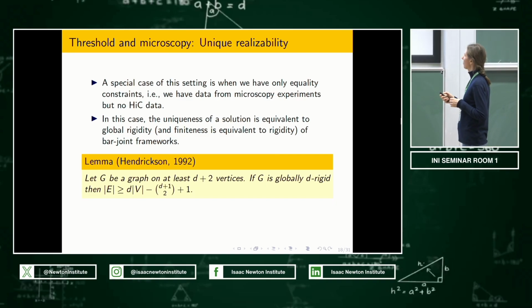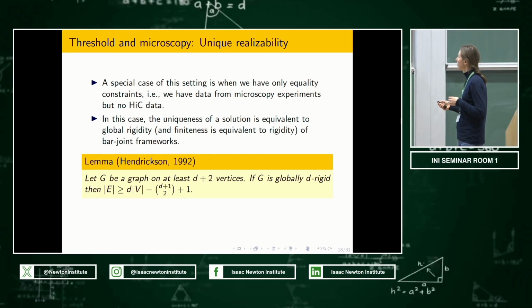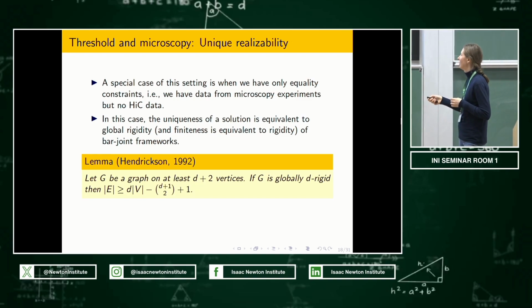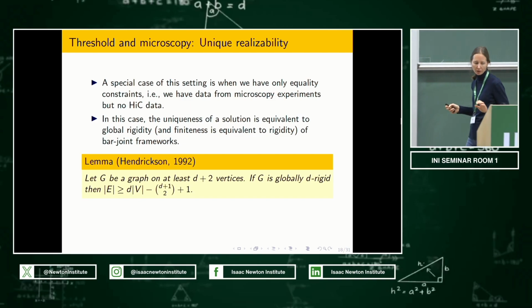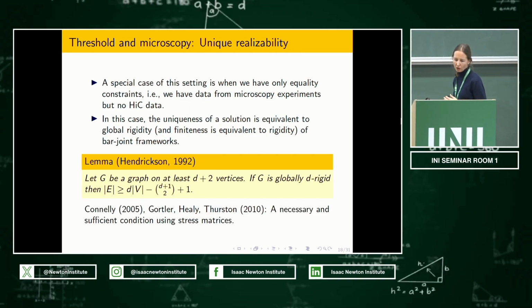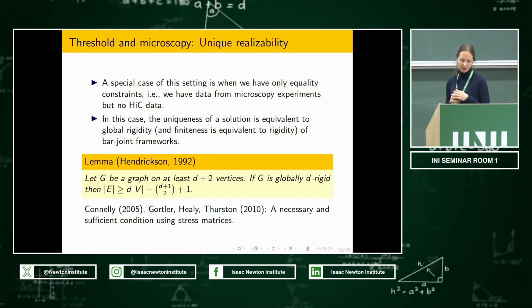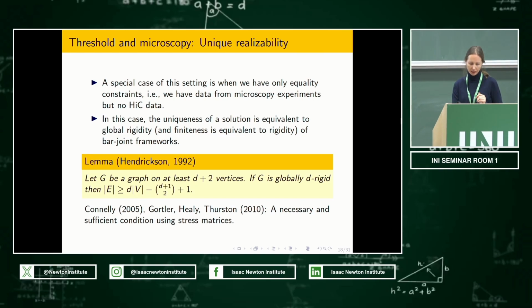So let G be a graph on at least d+2 vertices. If G is globally d-rigid, then we have this inequality for the number of edges in terms of the vertices and dimension. And there is also, more recently, a necessary and sufficient condition using stress matrices, but I don't want to state it here.